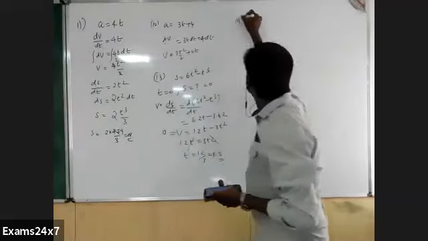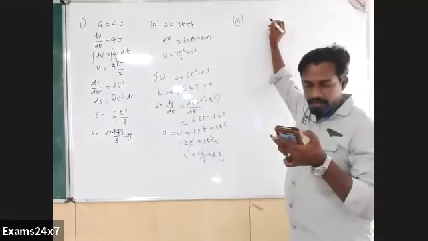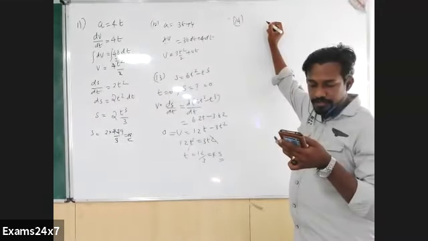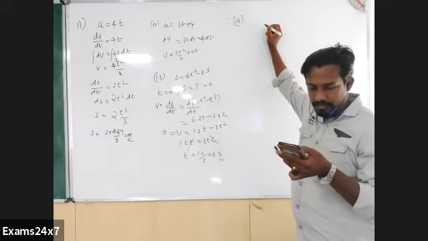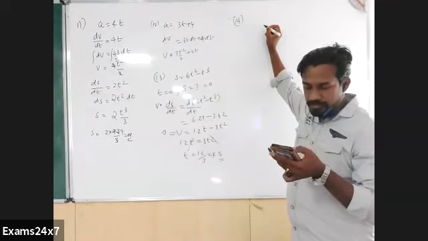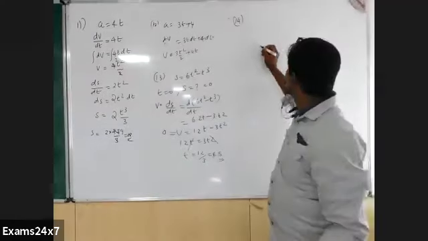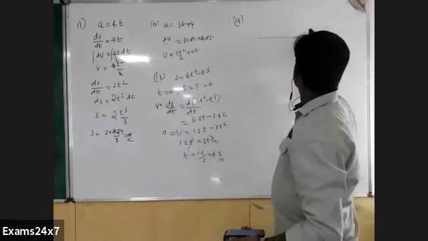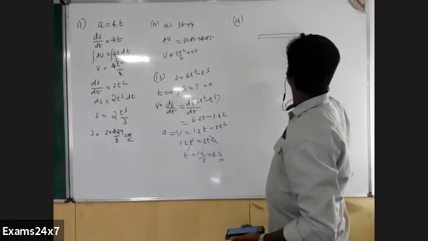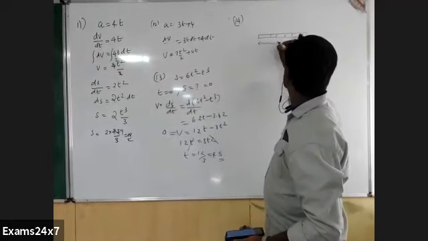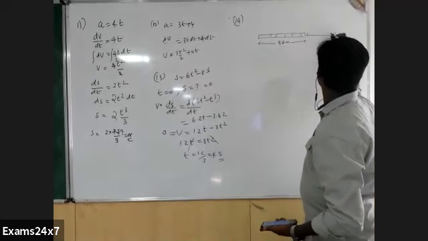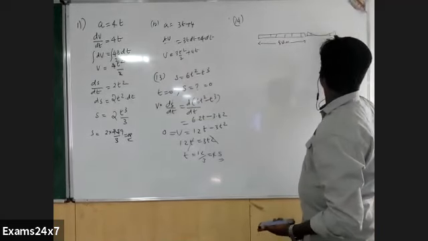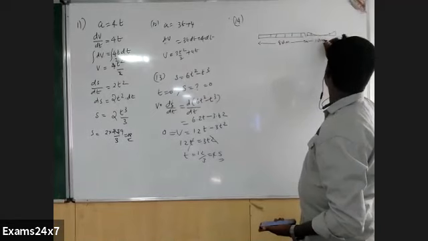14th question. A 150-meter long train is moving with a uniform velocity of 45 km per hour. The time taken to cross a bridge of 150 meter is. The train is there. The length of the train is 850 meter. There is a bridge of length 150 meter.